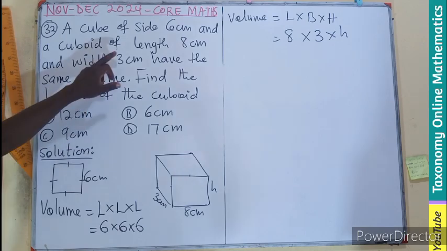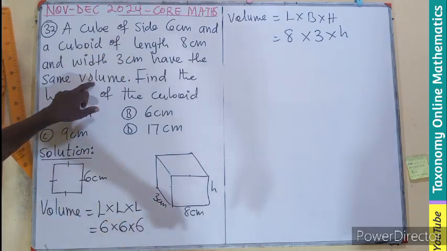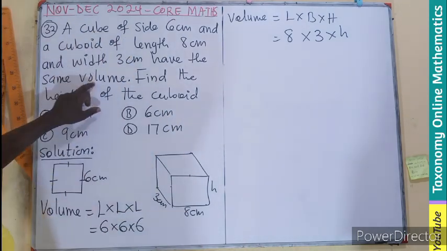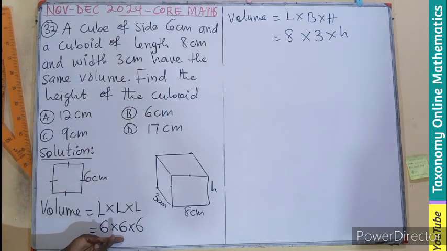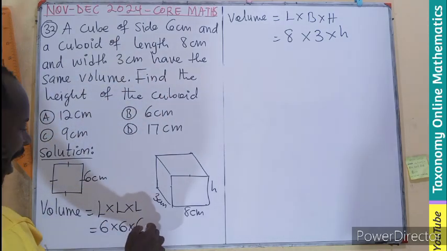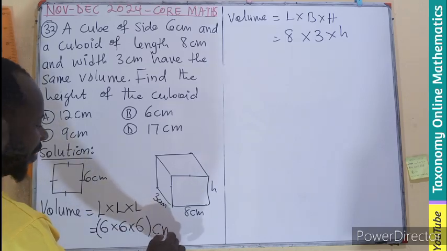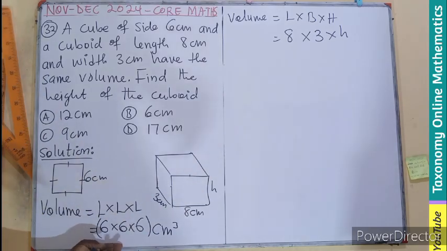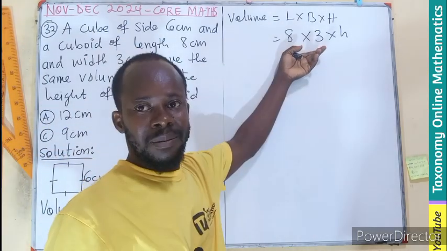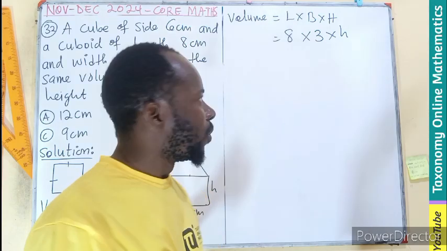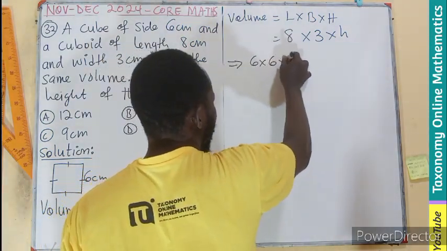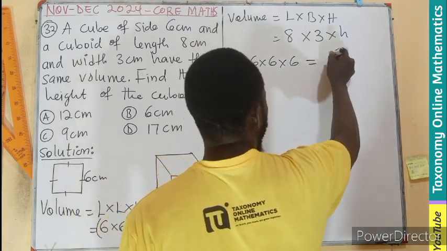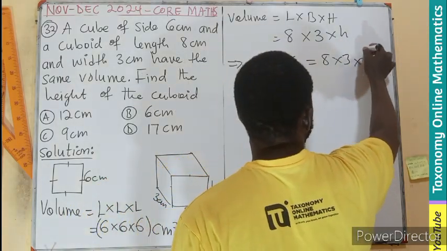We are saying that the volume of the cube is the same as the volume of the cuboid, meaning this value, which we can add all together to have our centimeter cube, is going to be the same as this. They have the same volume. So that implies that 6 times 6 times 6 will be equal to 8 times 3 times h.